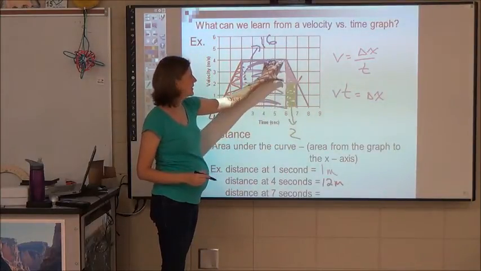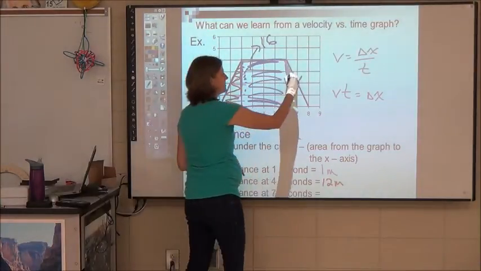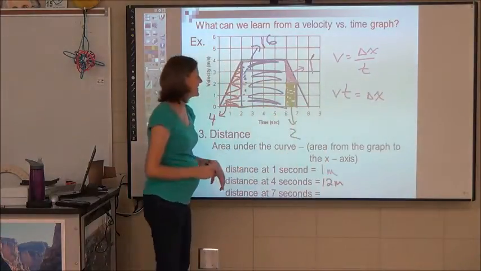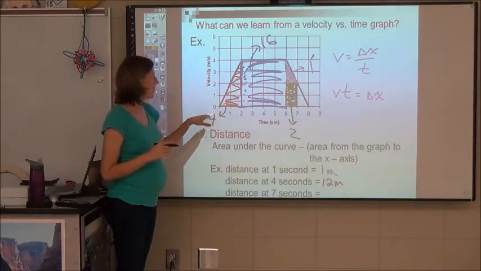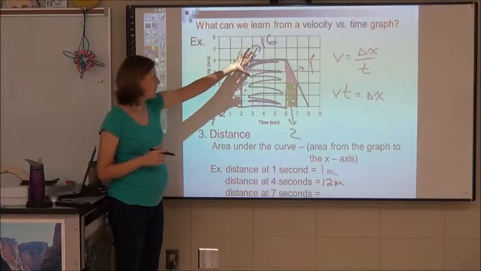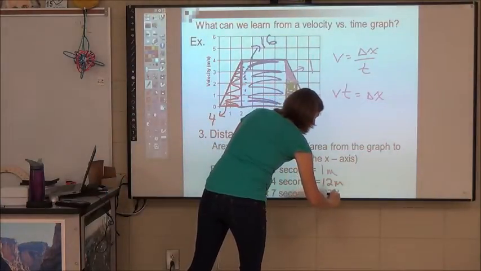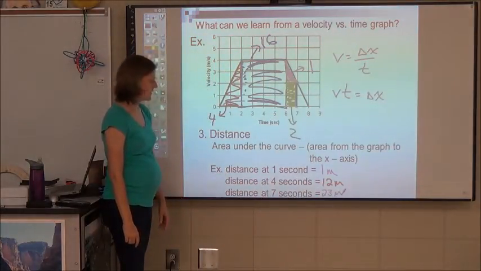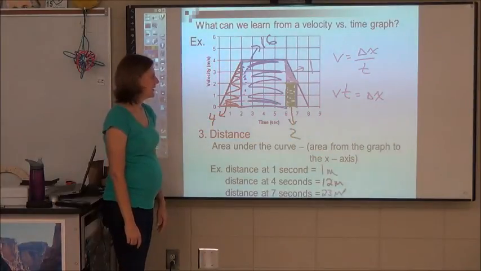Base is 1, height is 2, half of that, 1, sorry. So all my little area bits add up to 4 plus 16 plus 1 plus 2. So that's 23. So that is the total distance traveled at 7 seconds.